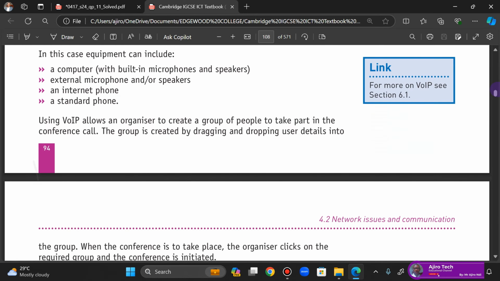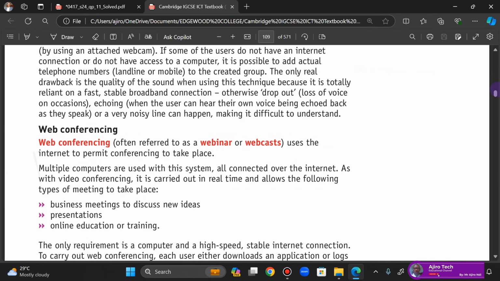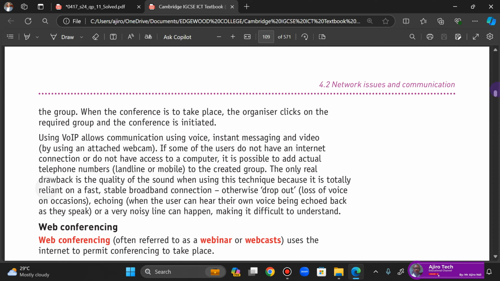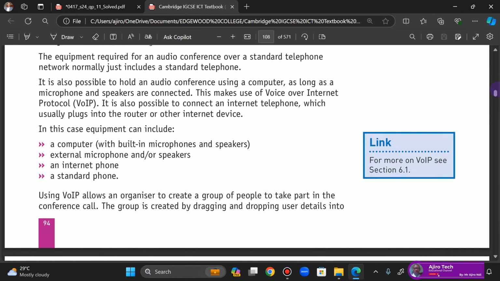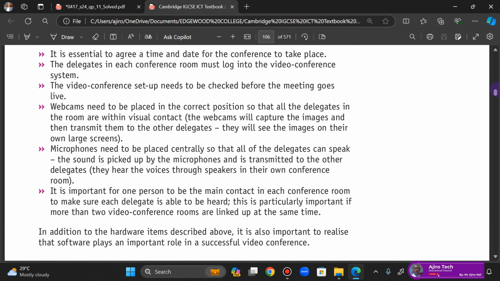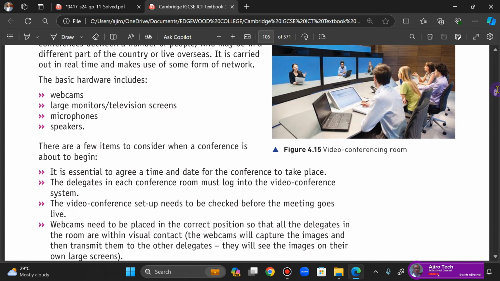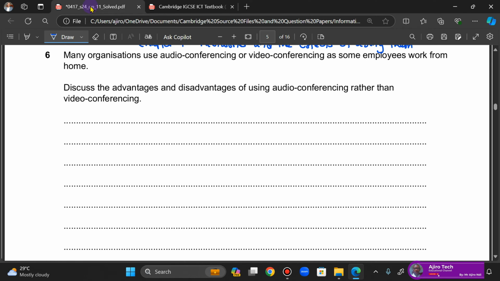Here you can use your computer, it can be electronic. For the video conferencing, there is a conference room with the following hardware set up: your webcam, your large monitor, microphone, and speakers. Let's look at the advantages: 3 or 4 advantages and 2 disadvantages.